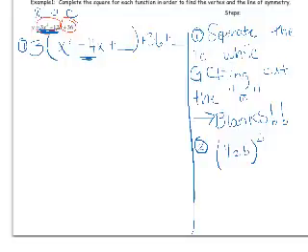Because we GCF'd out that 3, our b value is kind of changing within the problem. So we're going to take half of negative 4 and we're going to square that. So half of negative 4 is negative 2. Squared is 4. And that goes in that blank right there.